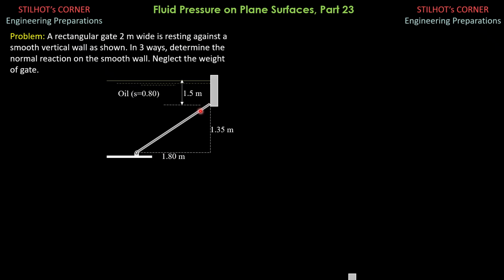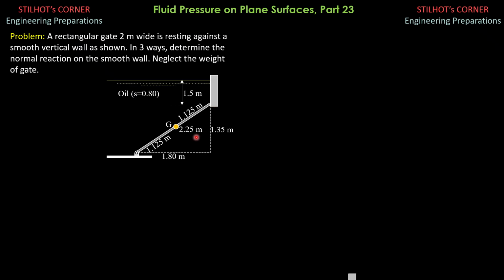So the height of the rectangular gate is square root of 1.8 square plus 1.35 square, and that is 2.25 meters. So this is the location of the centroid. Half of 2.25 would be 1.125 meters from either end of the gate.